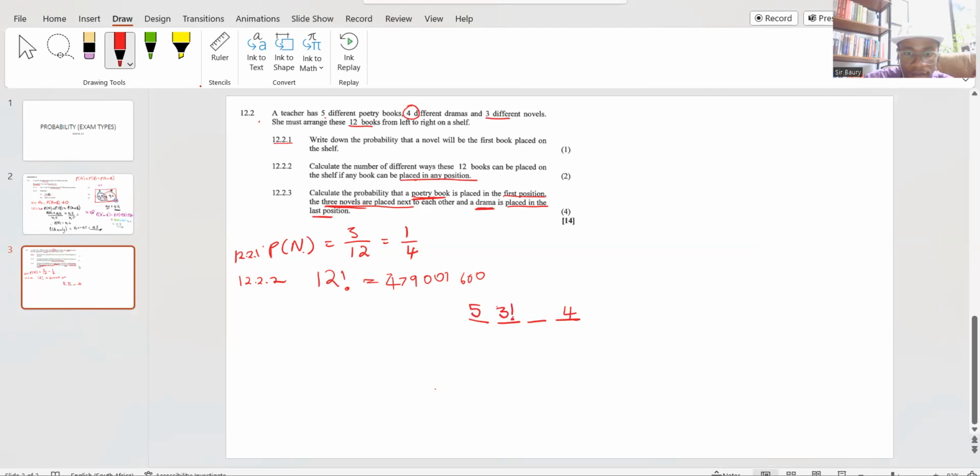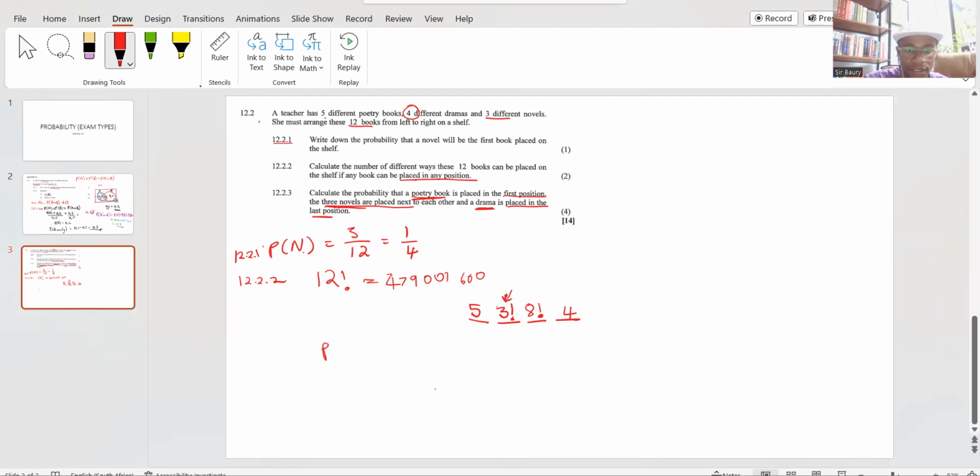Then the novels are next to each other. I can arrange them by 3 factorial. And then the rest of the books will be 8 factorial. This is including the novels, right?